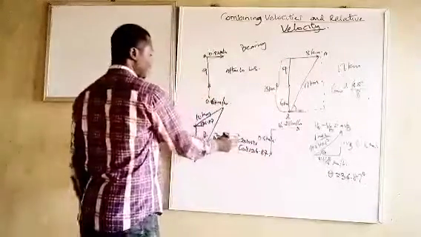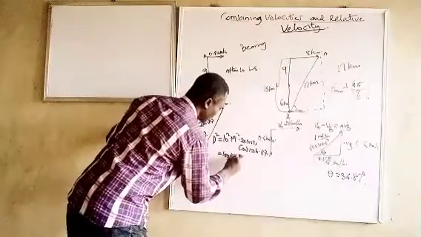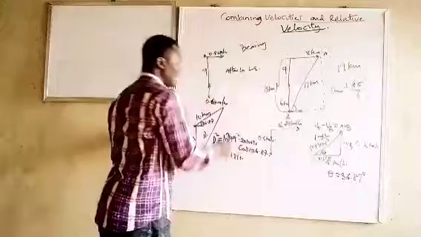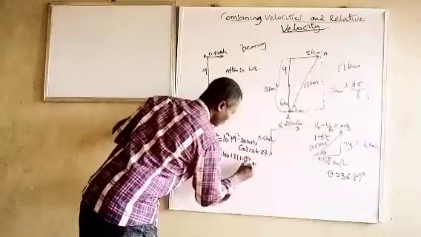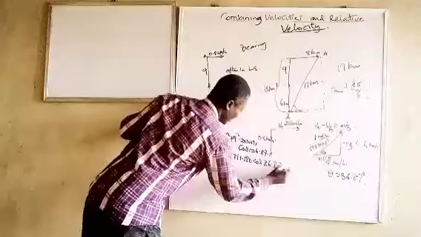So automatically this will be plus cos of this. So we have 100 plus 81 plus 2 times 10, 20 times 9, 180 times cos 36.87.